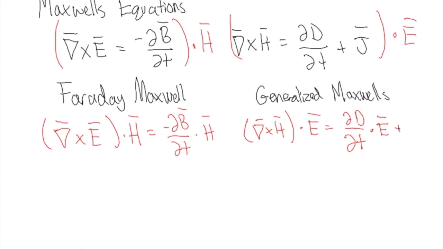plus the electric current density dotted with the E field. So now we're going to subtract the two equations. So we have the Faraday-Maxwell's new equation subtracted by the generalized Ampere's law.